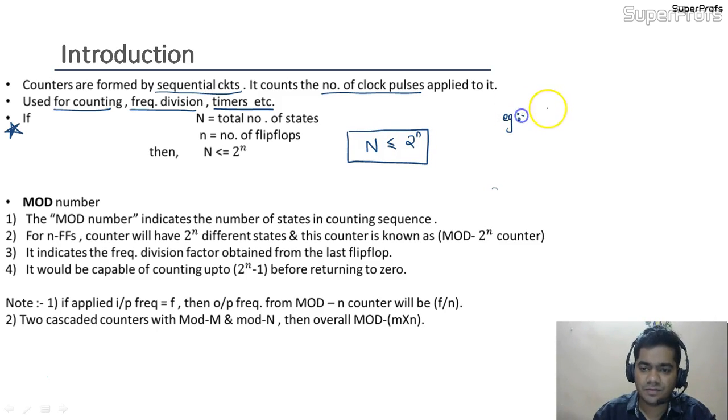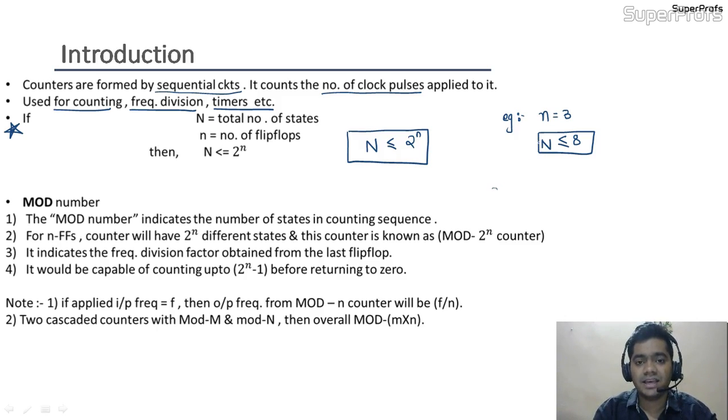Suppose we have 3 flip-flops. So n would be 3. Then the number of states or number of counts that would be available would be either equal to or less than 8. It means that using 3 flip-flops connected in the counter, we are able to count up to 8 clock pulses or less than that. So if it is a binary counter, it would count up to 8 pulses.